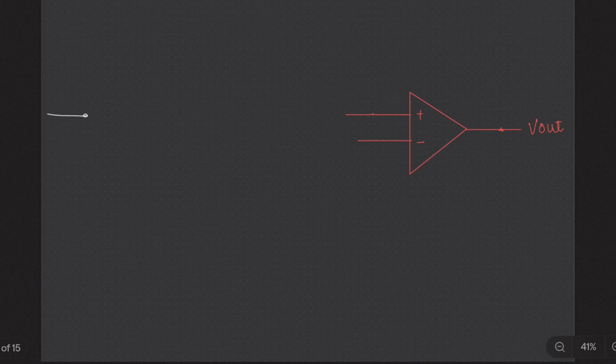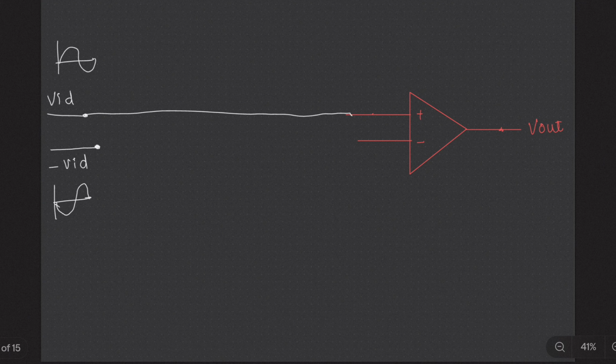So there will be a transmission here. From a distance I am giving my VID and minus VID. I am giving my inputs in a differential form. So let's consider this as a sine wave, and the minus of it is in this one. I'm transmitting it. So this will go here and this will go here.